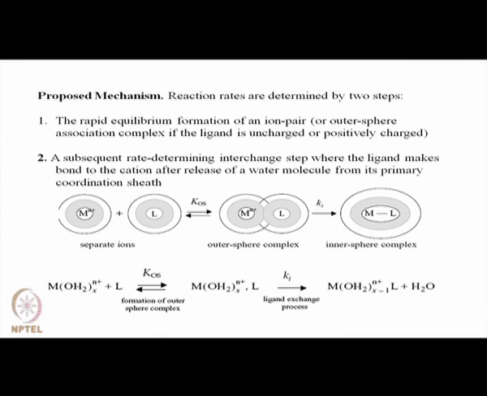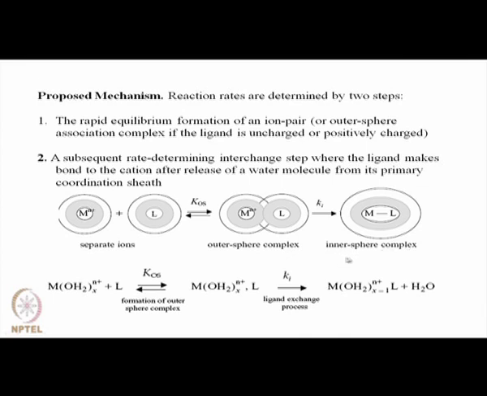So, this is an equilibration forming the outer sphere complex. Then comes the ligand exchange process: separate ions, outer sphere complex, inner sphere complexation.